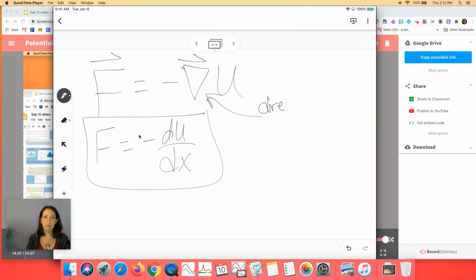Because you say, oh, it's a vector, is it? Then what in the world does it mean to have a direction of derivatives? What is the direction of grad?